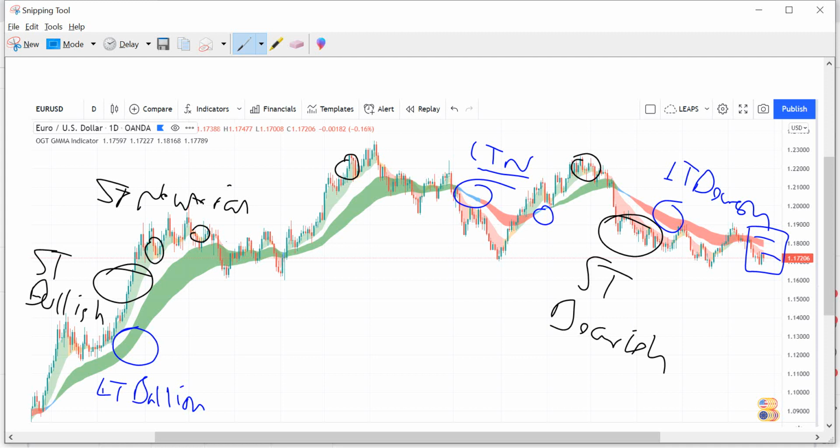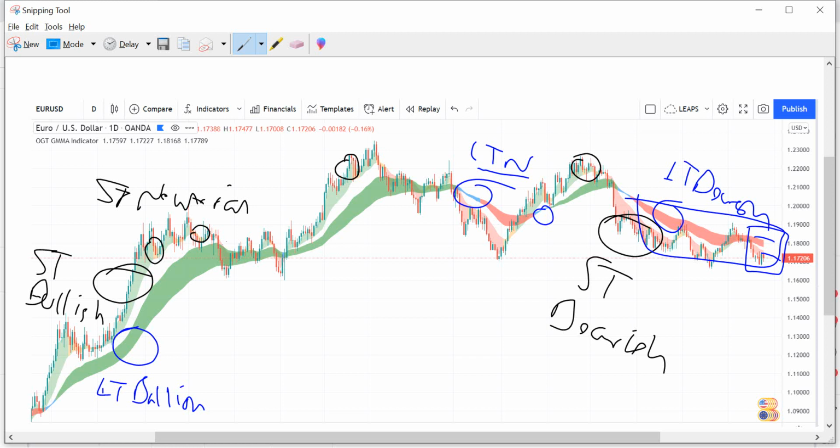And if you are a swing trader or a long-term investor or long-term bearish on the Euro USD, you could place a sell order or a limit order on the Euro USD to short the market, and you will then continue to just ride that wave, because you can see here for a long time now that the long-term moving averages have been dark red and therefore bearish.